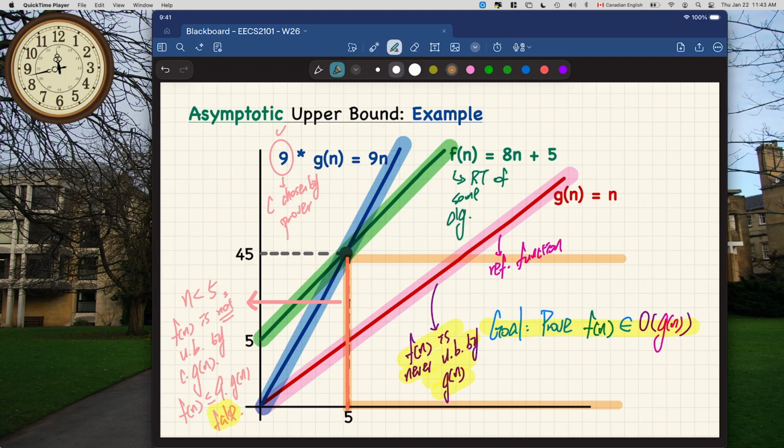It doesn't matter how large that point might be, as long as it exists. So in this part, when n is larger than or equal to n0, f of n less than or equal to c times g of n is always true.